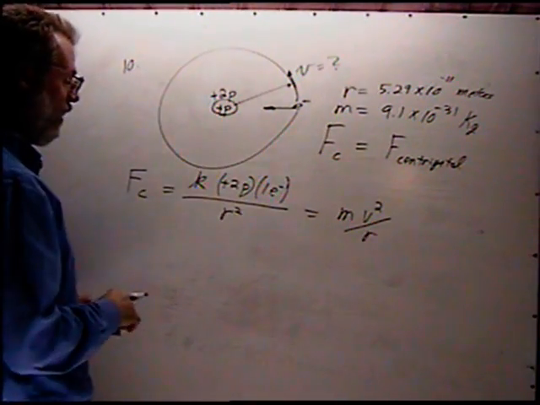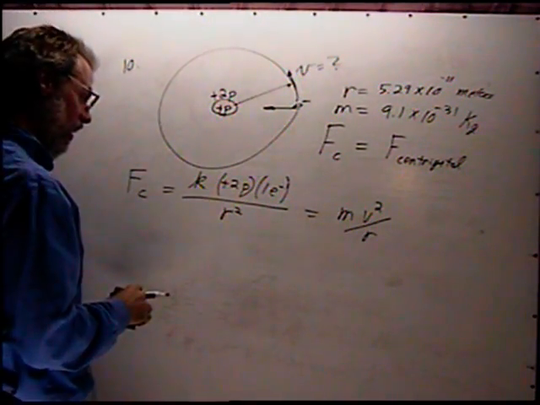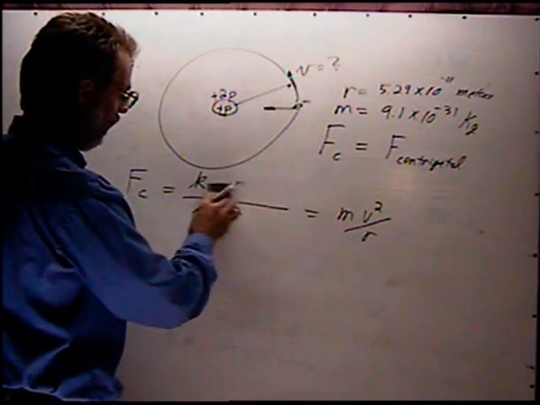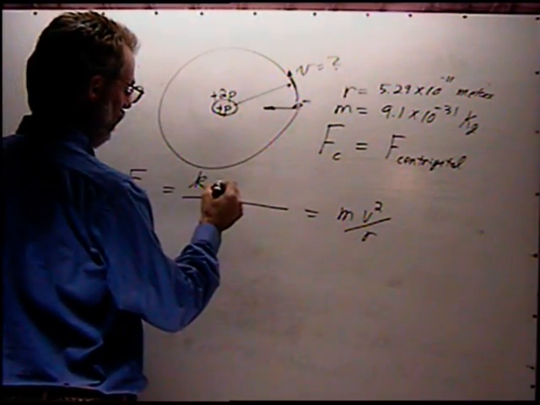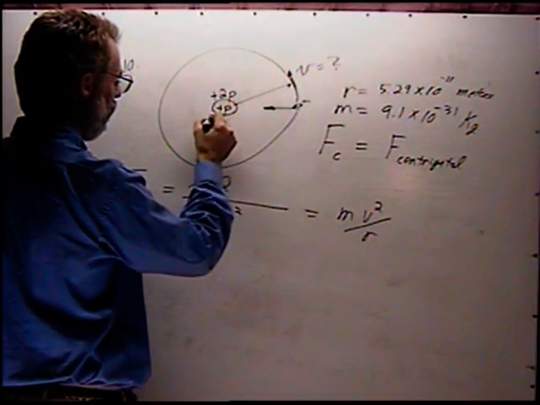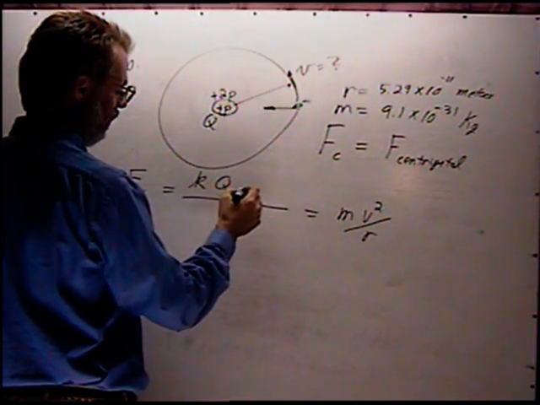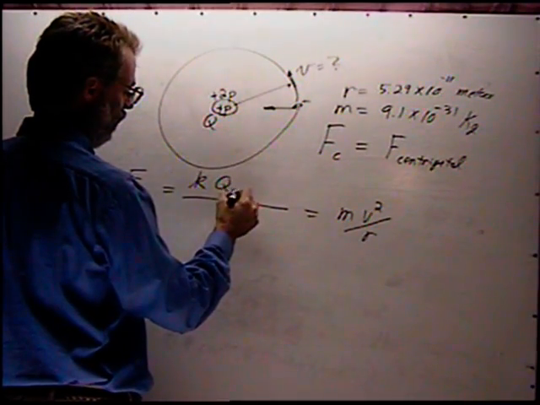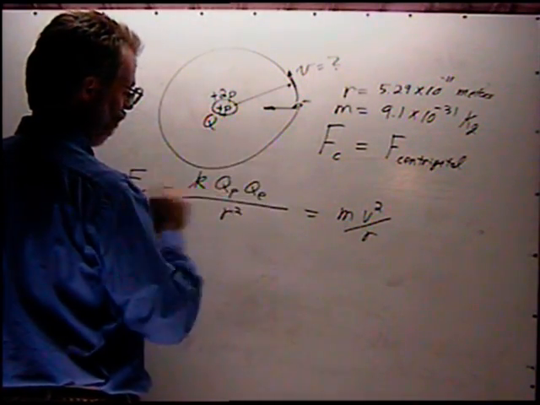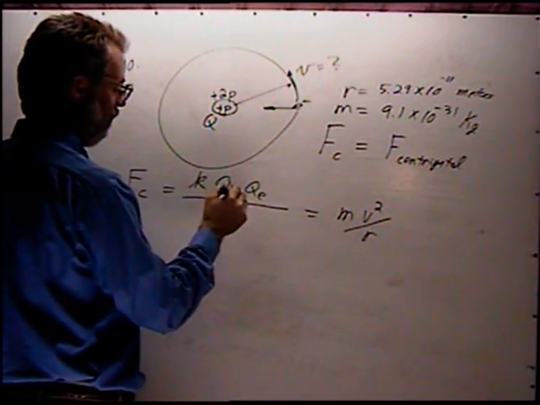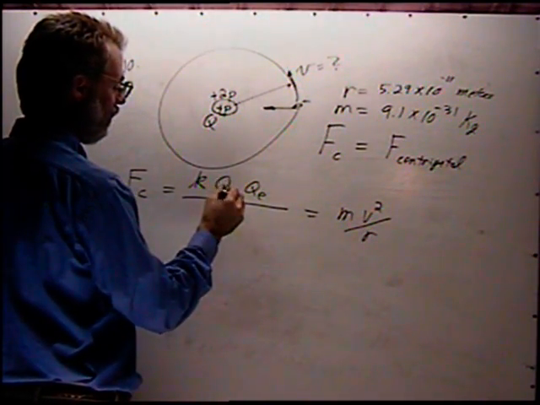Well, we have the equation, and now I'm going to take this basically, and what we have is the charge of the proton times the charge of the electron. Excuse me, the charge of the nucleus. I'm going to write it like this.